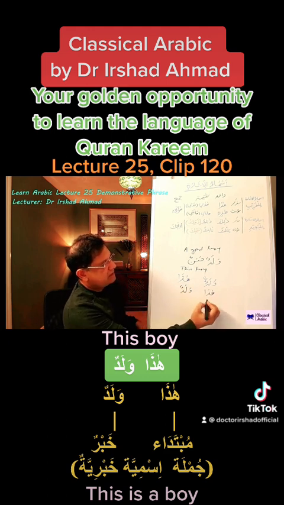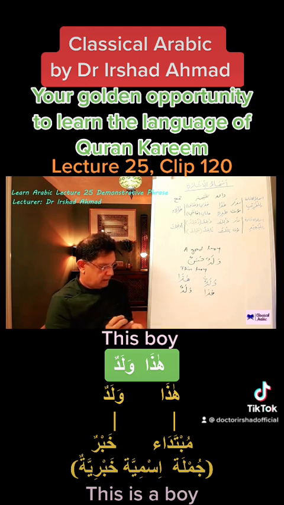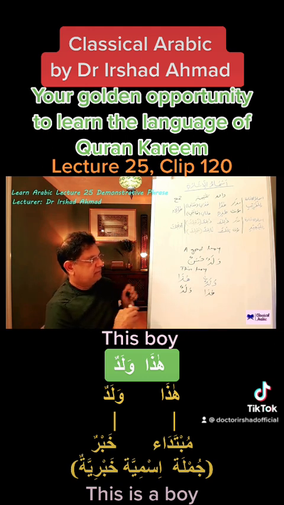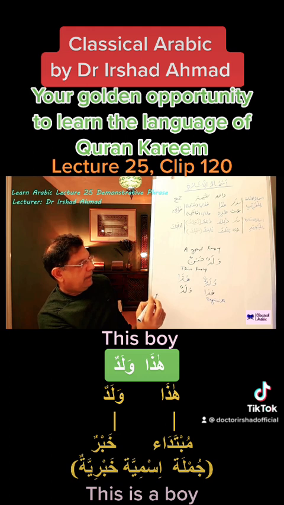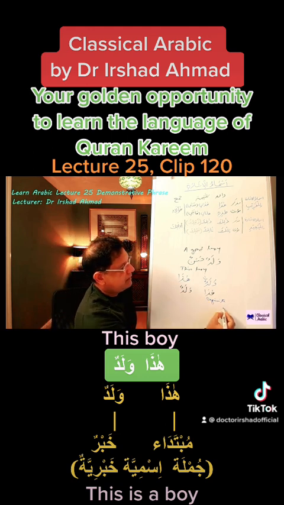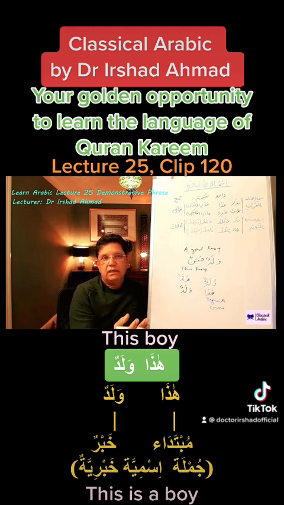So we have haza. We know all pronouns are definite, so haza is definite. I'rab, haza is mabni. We know that from previous discussion. Mabni means it does have 3 Arabic states, but it doesn't change its appearance.